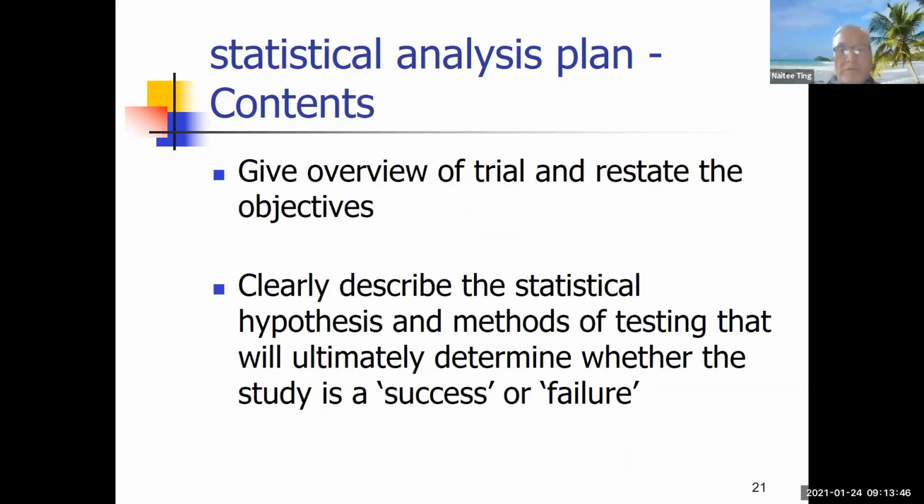Give an overview of the trial and restate the objective, clearly describing the statistical hypothesis and methods of testing that will ultimately determine whether the study is a success or failure.